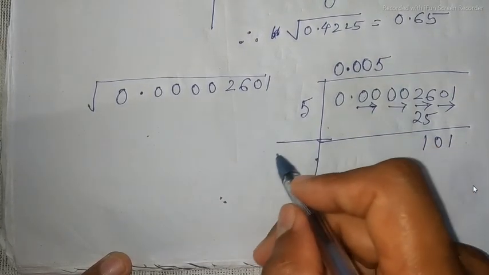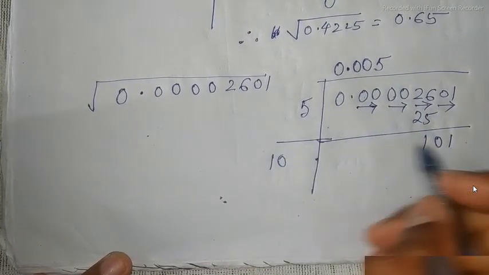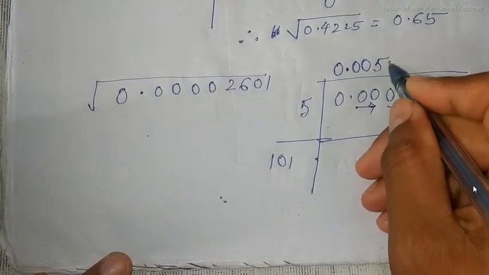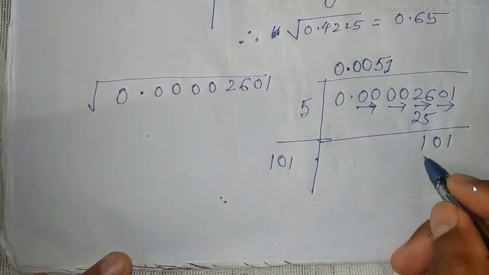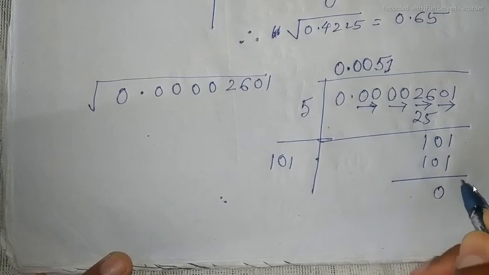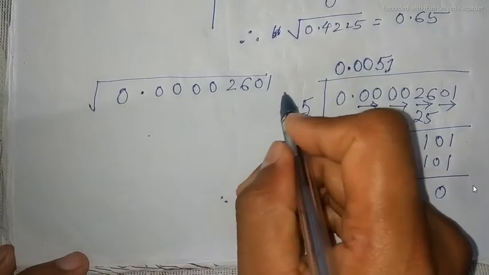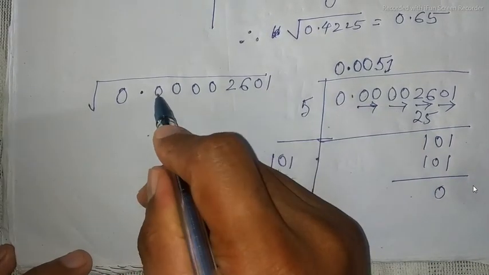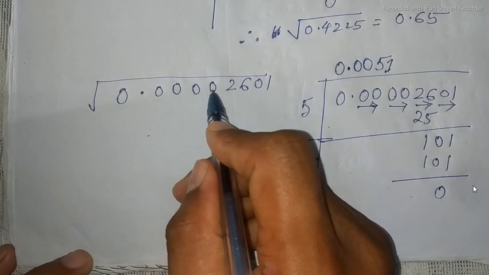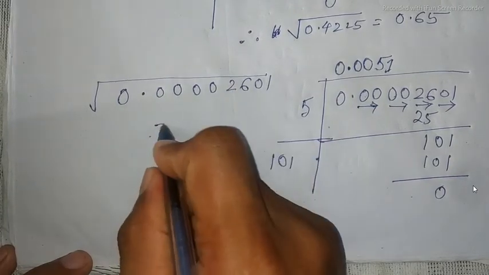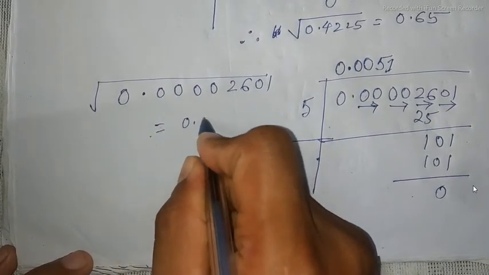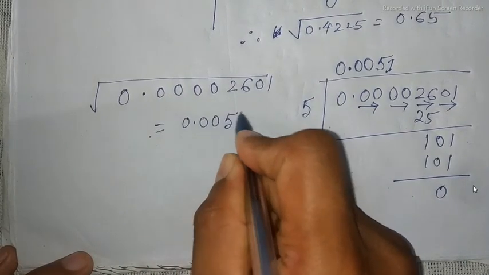So 5, double of 5 is 10. So it will go by 1, 101 into 1, 101. Therefore the square root of 0.002601 will be 0.051.